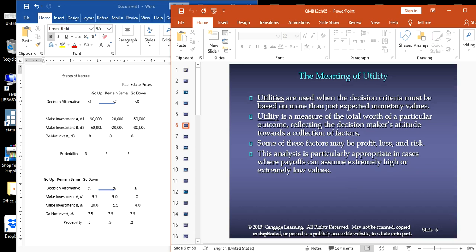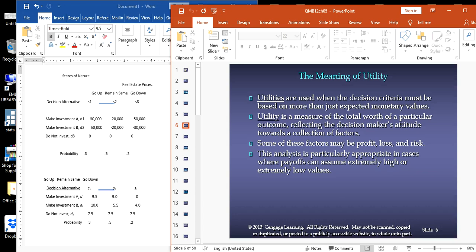And then in the same procedure we decide to select the best alternative with the highest expected utility value. Okay?